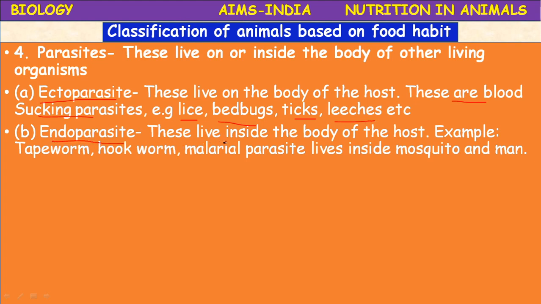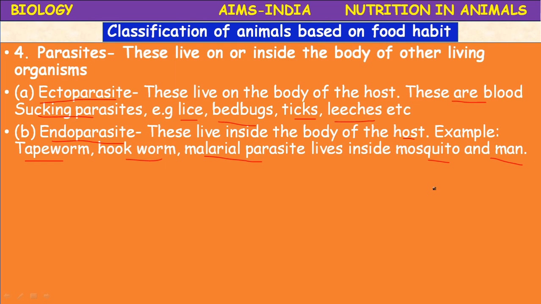Endoparasites means these parasites live inside the body of the host. Example: tapeworm, hookworm, and the Plasmodium, a malarial parasite which lives inside the mosquito and man. They are endoparasites. Helminth parasites.